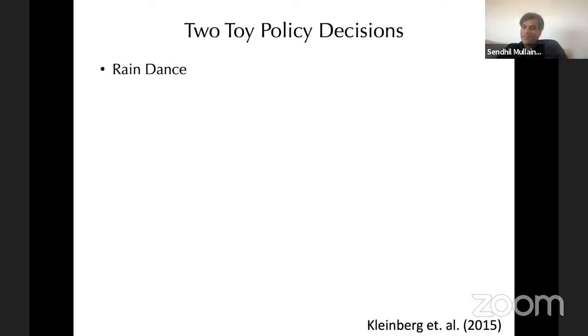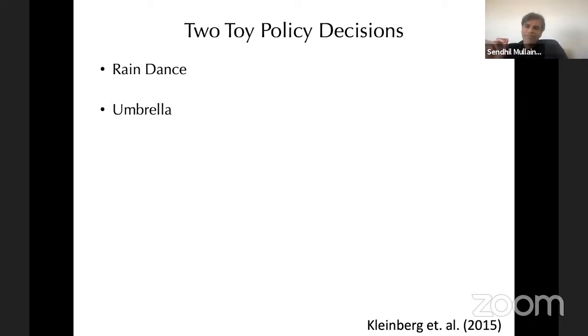And you as the agricultural minister are forced to answer the question, do I want to buy this rain dance? Alternatively, suppose you're minister of a country and you're going to work that morning and you're thinking to yourself, should I take an umbrella to work? It's a different country. They have problems with rain.